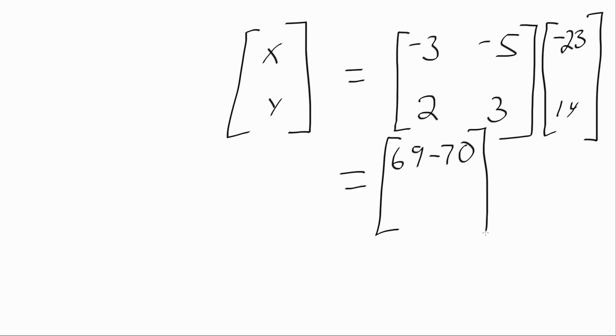2 times a negative 23 is a negative 46, plus, it's not 2 times 14, it's 3 times 14, and that's going to be 42.